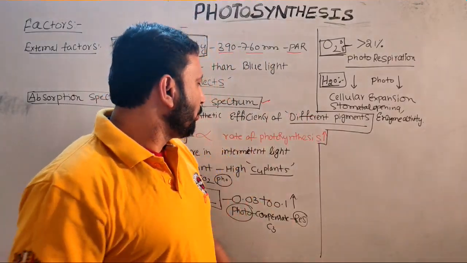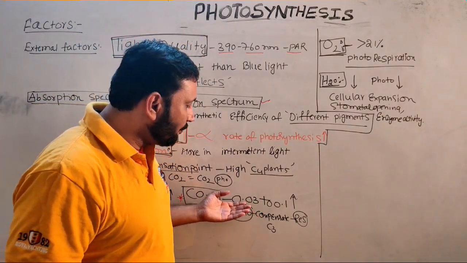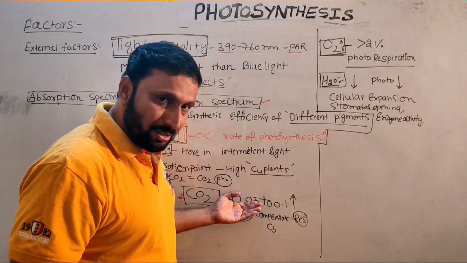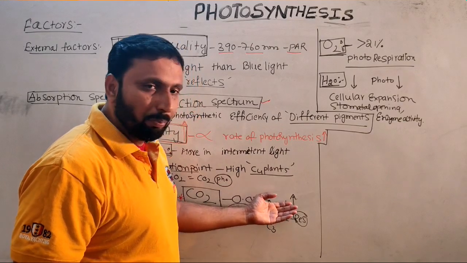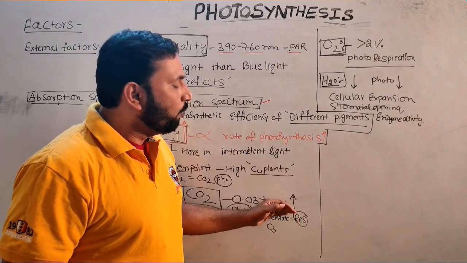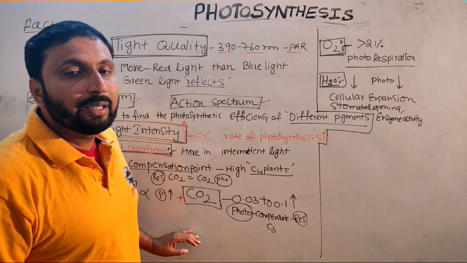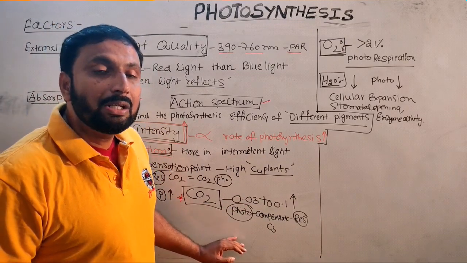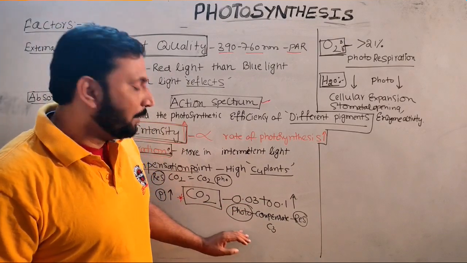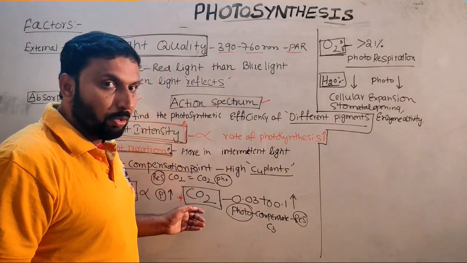But a very important point: when carbon dioxide concentration increases from 0.03% to 0.1%, the rate of photosynthesis generally increases. But more than 0.1%, that carbon dioxide becomes lethal to plants. It may be poisonous to plants. So that is also an important point.